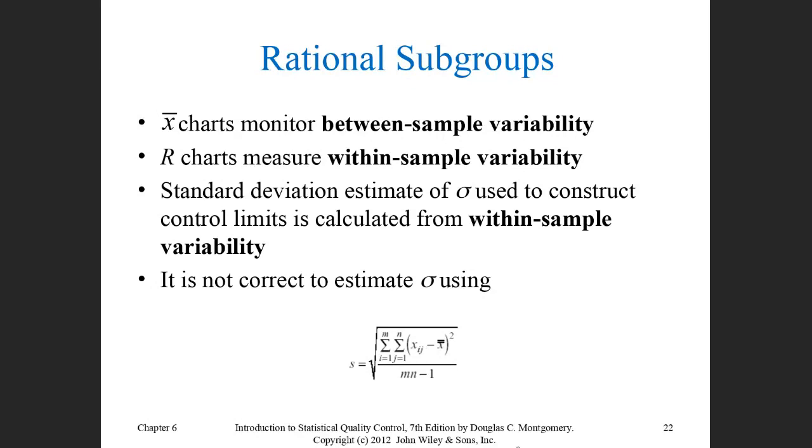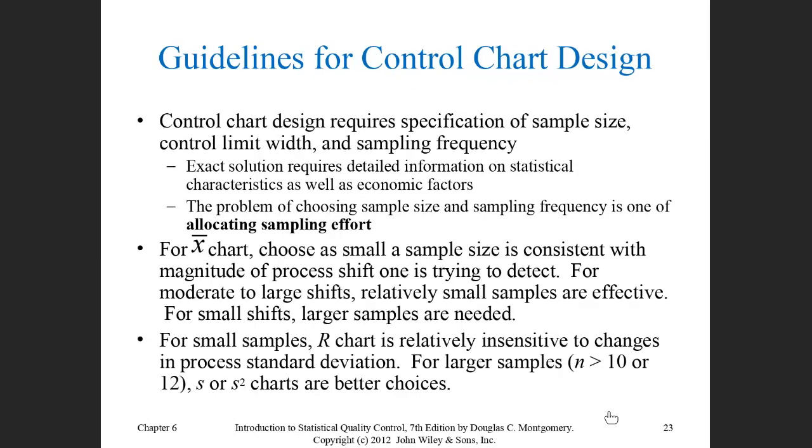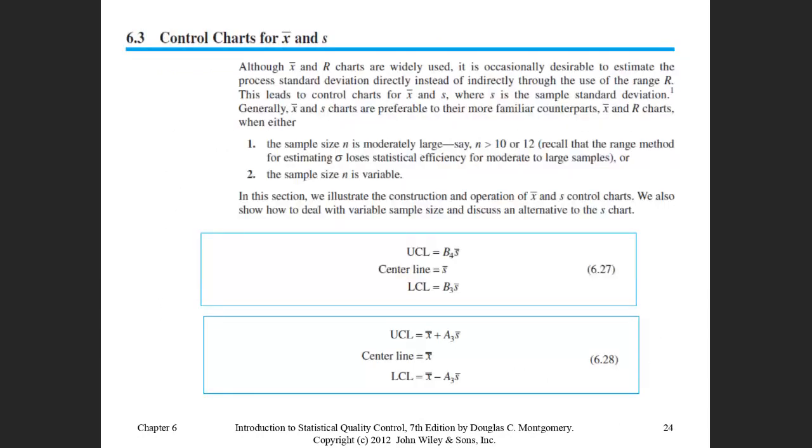So let's move on to the X bar S control chart. We said when you have a large sample size, then we use the X bar S. The formula is pretty easy, as we had for the X bar R. You need to know how to develop the control chart by hand and with a software application.